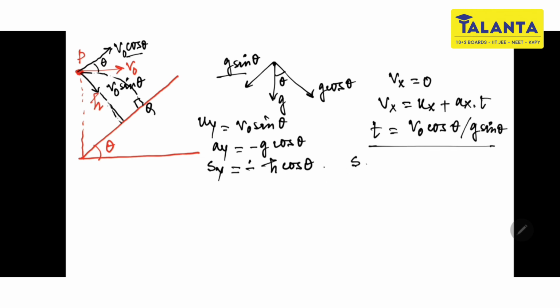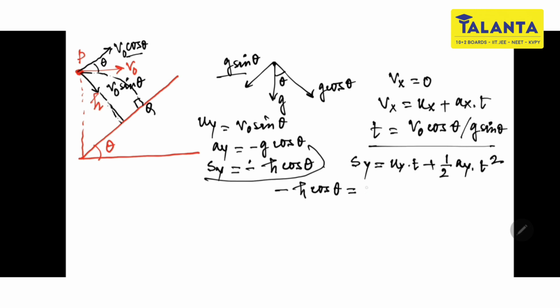So apply Sy equals Uy into t plus half into Ay into t square. Here the value of Sy is minus h cos theta, that equals minus V0 sin theta into t plus half into minus g cos theta into t square.